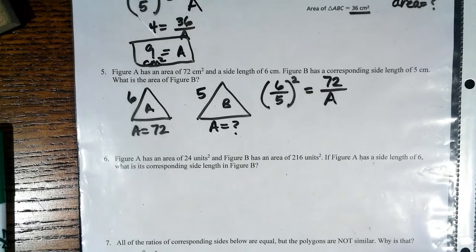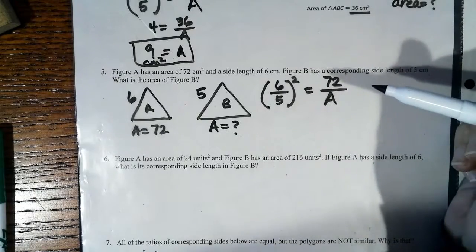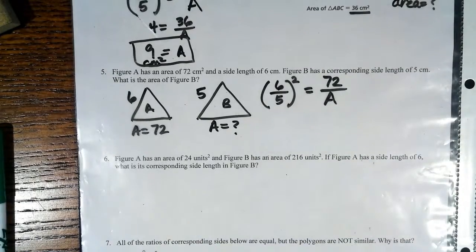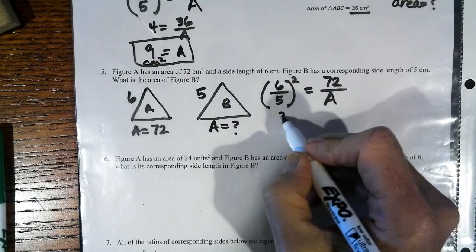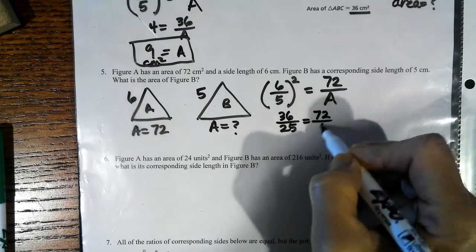Just so you know, if you wanted to, you could write 5 over 6 squared equals A over 72. You'll still get the same answer as long as it is in the right place. So this will give me 36 over 25 equals 72 over A.